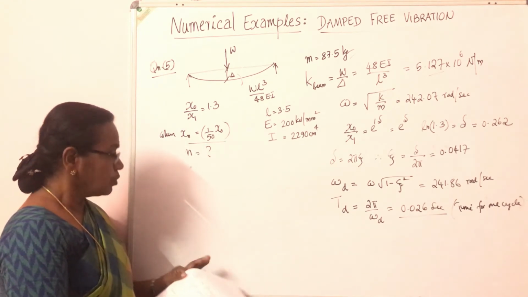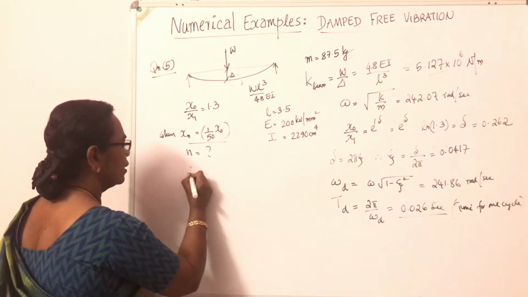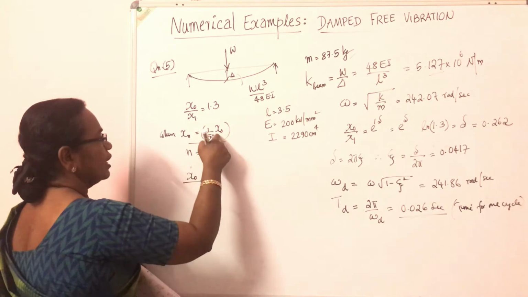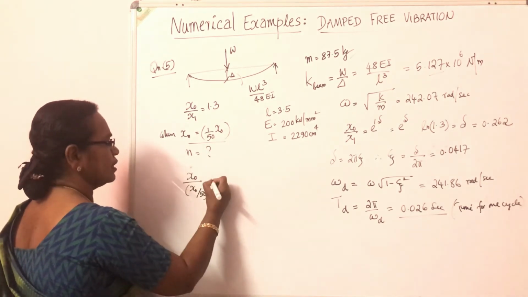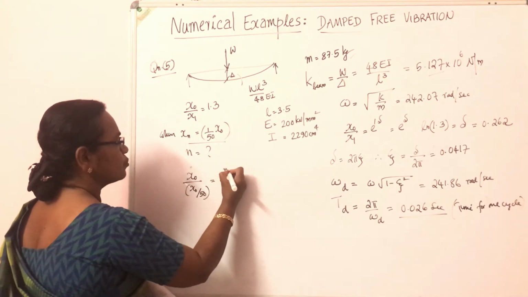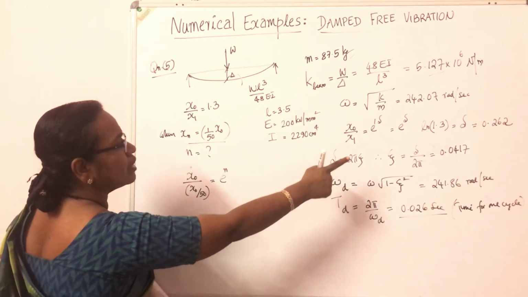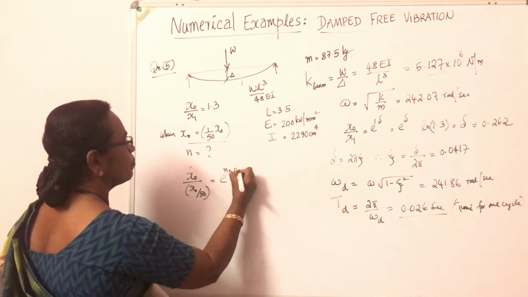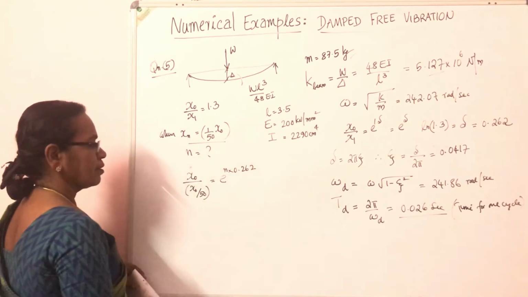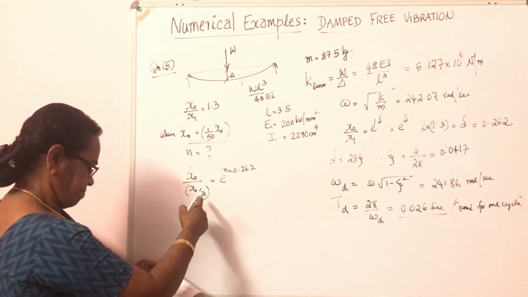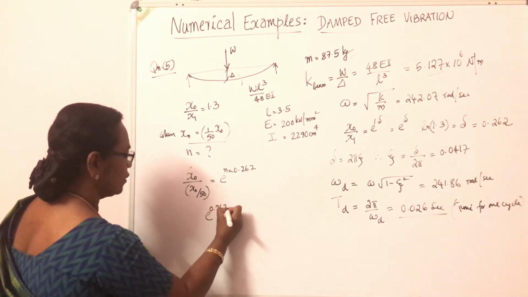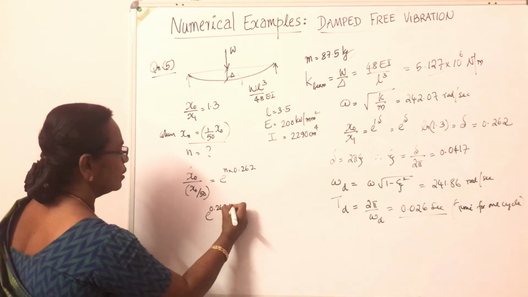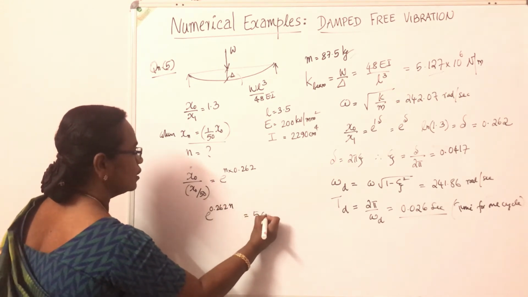Now we are given the time required for the amplitude to reduce to 1/50th of the initial amplitude. So we have x0 by xn, that is x0 by 50. x0 by xn is equal to e raised to n delta, and delta value is 0.262. That is, e raised to 0.262 n is equal to 50.